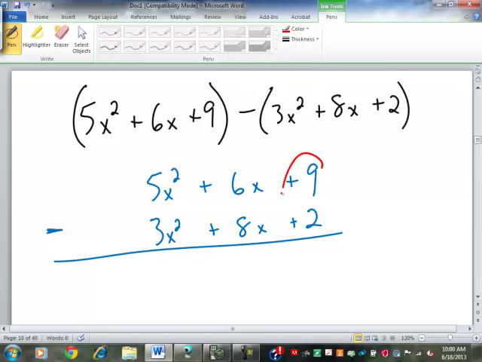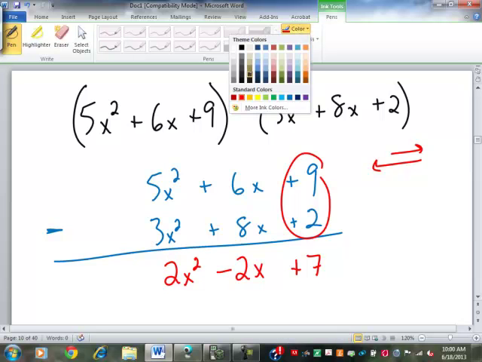What is 9 minus 2? Positive 7. 6x minus 8x. Negative 2. 6 minus 8 is negative 2. 5x squared minus 3x squared. Positive 2x squared. So there it is.